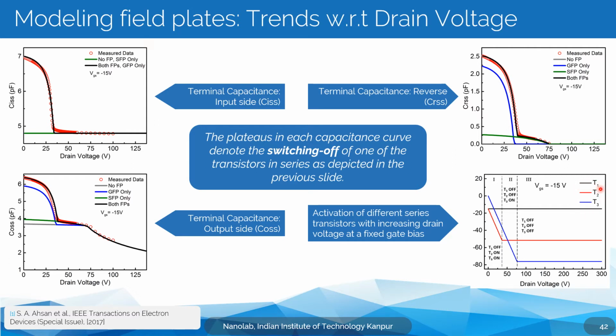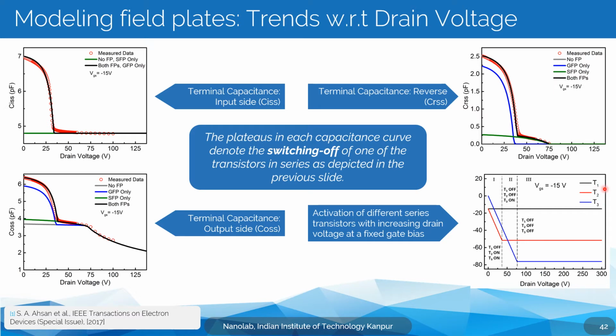Now, what we see is as drain voltage increases, and the device VGS is -15 V, so the device is switched off, T1 is already off and T2 and T3 are on. Then as you increase the drain voltage, the voltage at the drain of T1 starts increasing, which means the voltage at the source of T2 also starts increasing.